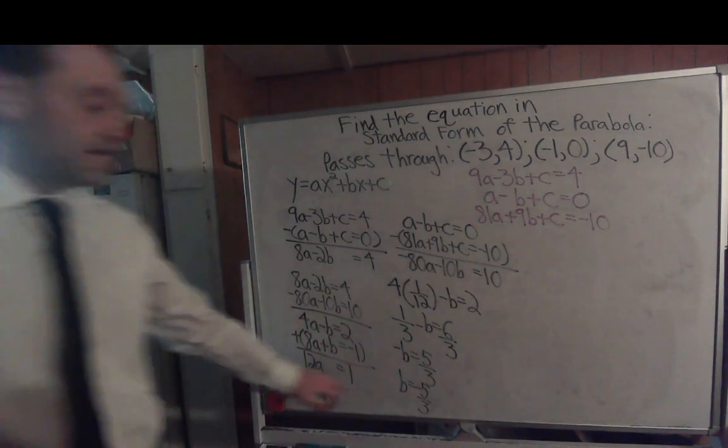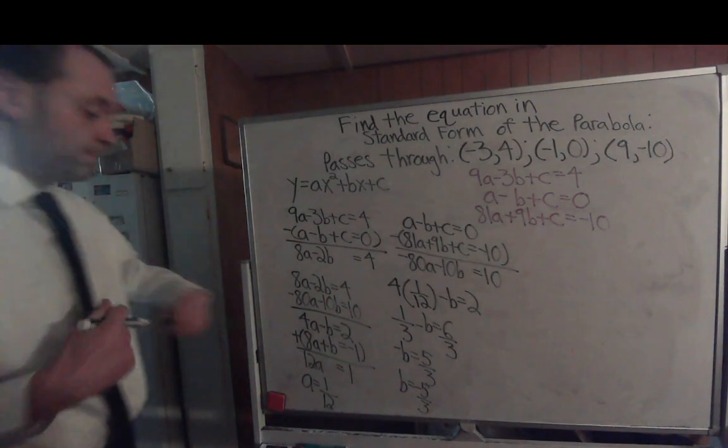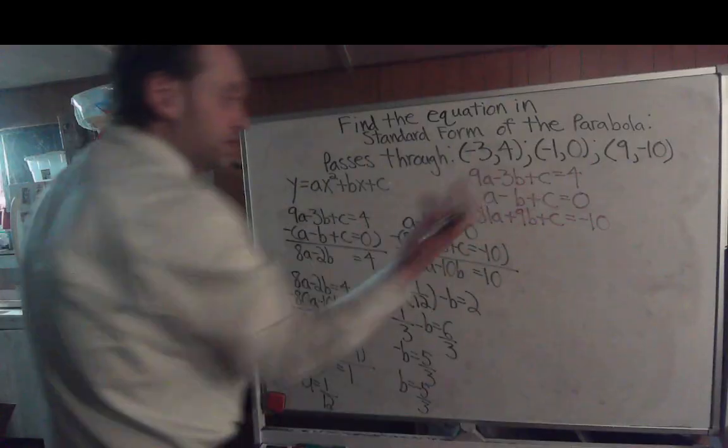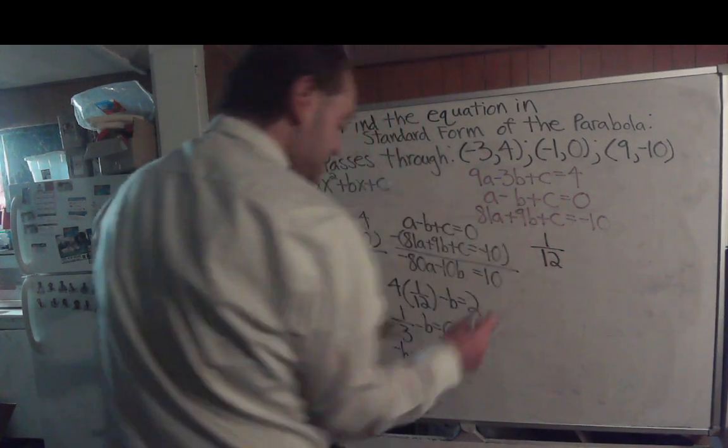Now all we got to do is take these two values, put it into one of these equations, and solve for c. I'm going to go with a minus b plus c equals 0. So let's put in 1/12 minus negative 5/3. That'd actually be plus 5/3 plus c equals 0.